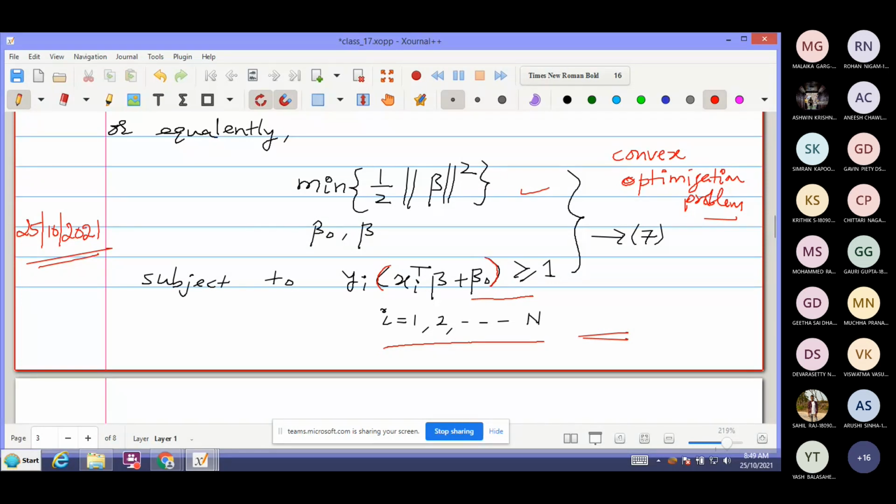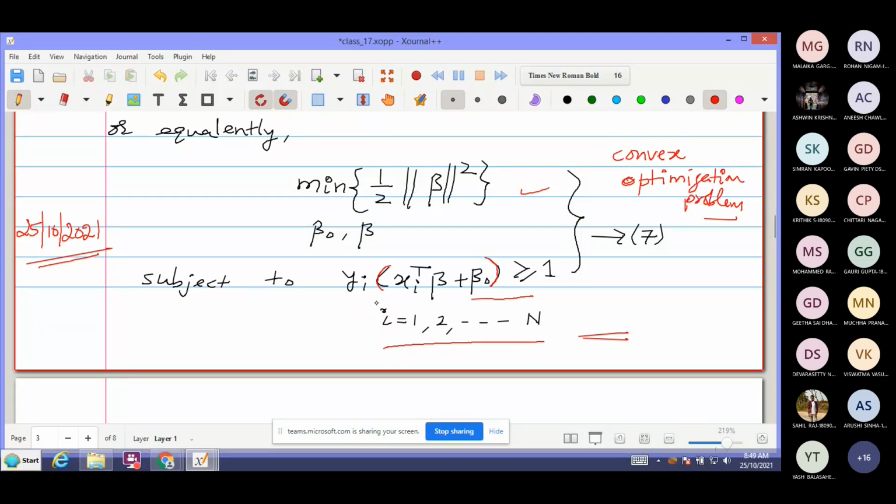And when you multiply by y, it indicates not the signed distance, but the actual distance. So the product is proportional to the distance of this point xi to the hyperplane.